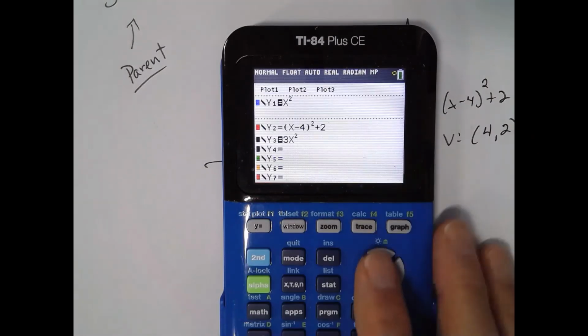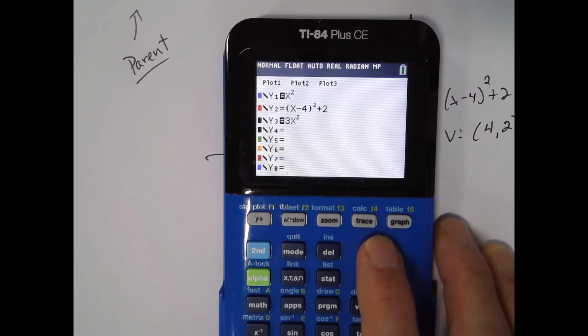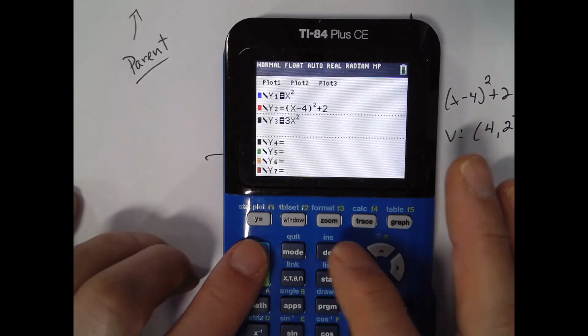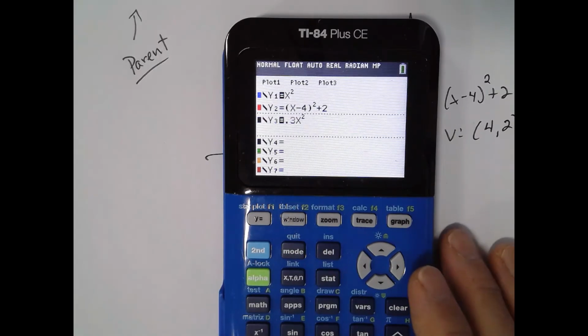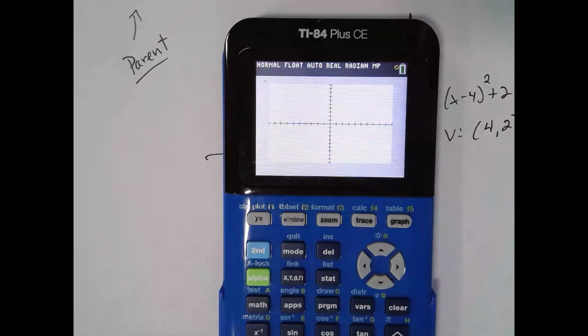If it was less than 1, like 0.3, here comes my parent graph, and here comes y equals 0.3x squared. You can see that it is wider. It's a wider opening to the parabola. So the number out in front determines how skinny it is or how wide it is.